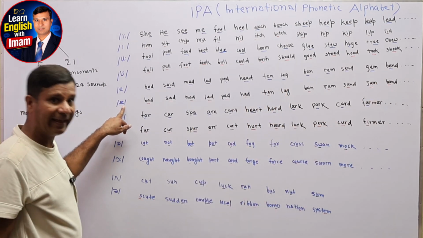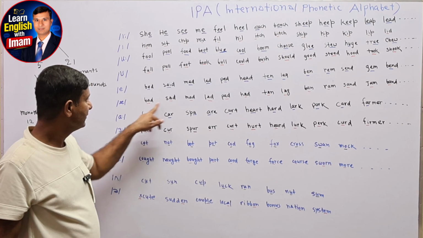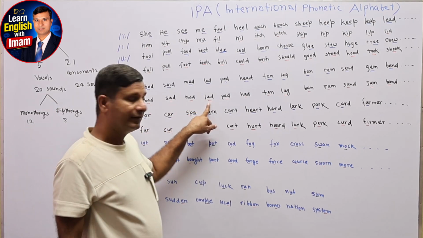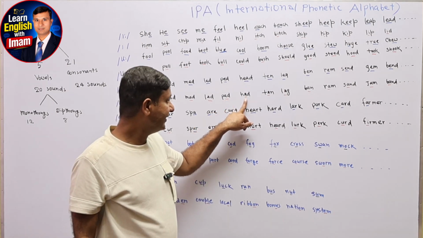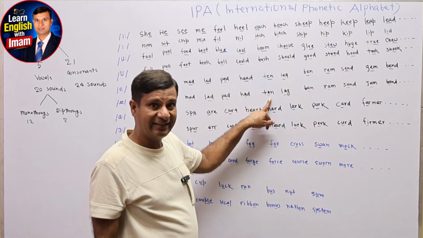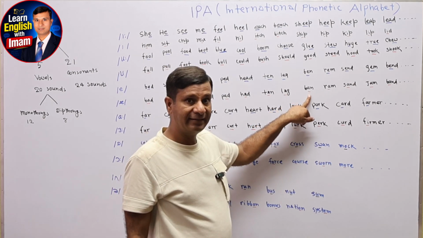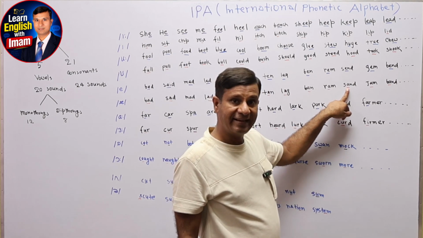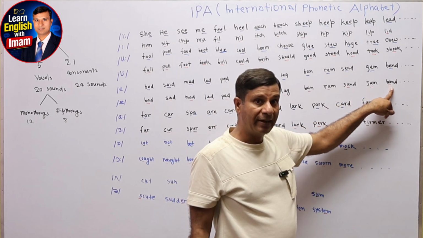Now we have the short A sound: bad, sad, mad, lad, pad, had, tan, lag, ban, ram, sand, jam, band.